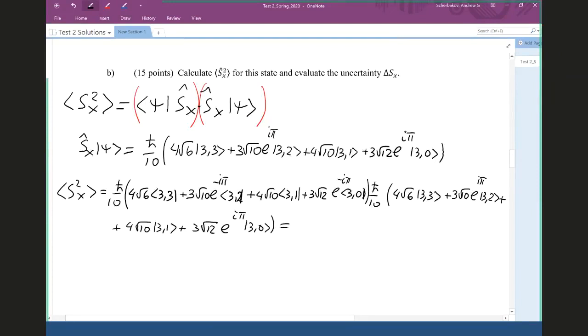All right, here it is. Now the fun part. Let's multiply h bars. H bar squared over 100, and now I hope I don't need to explain much. It's going to be 4 squared times 6 plus 3 squared times 10 plus 4 squared times 10 plus 3 squared times 12. That's it.